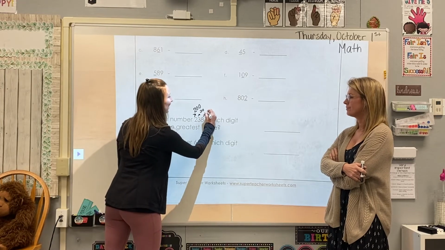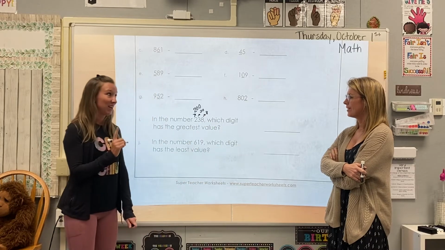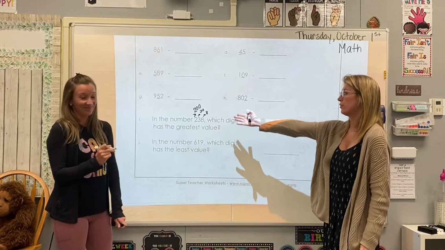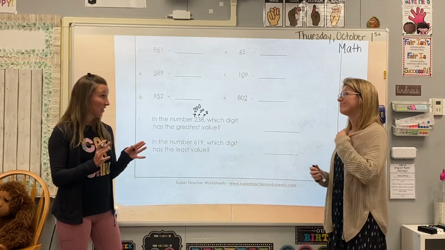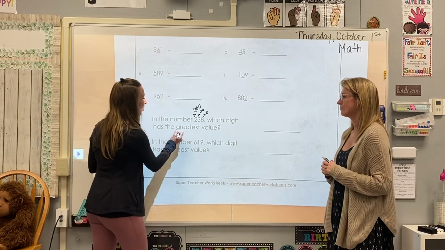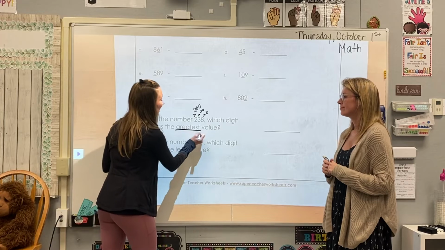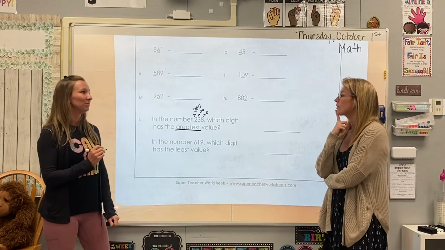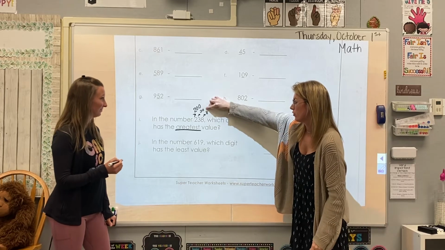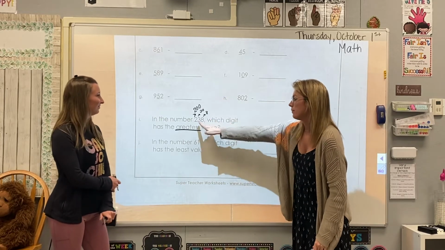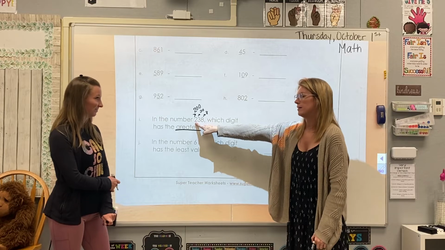And the 8 is only worth 8. And 8 is way smaller than 30 and 200. It is. So now that you know not to get tricked by this question, which one of those digits has the greatest value? Well, I know that 200 is bigger than 30 and 8, so I'm going to say the 2 has the greatest value.